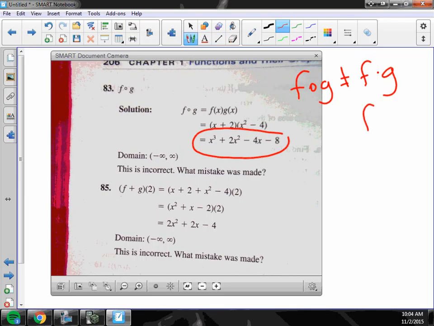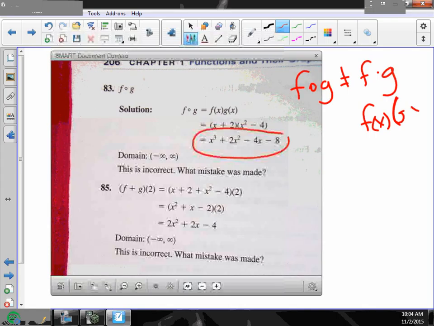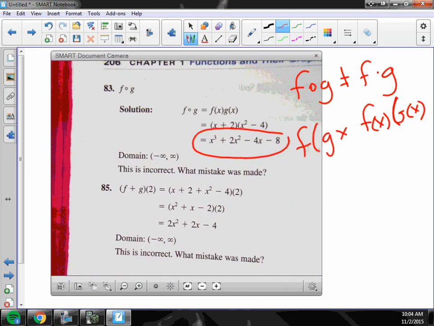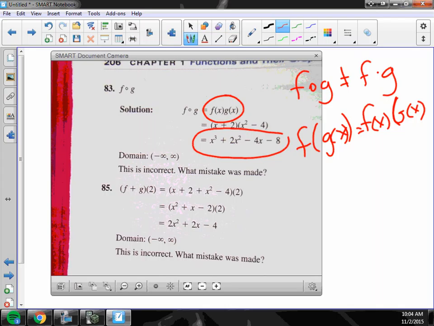F times g can be written f of x times g of x. But f of g, that open circle, is actually f of g of x. So the issue is right here. That is not a multiplication symbol, it's a composition symbol.